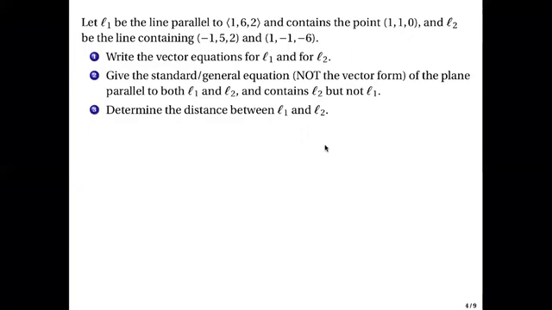Okay, so for the first one, that's the easiest. We know L1, so we're looking at L1. L1 is parallel to the vector v1, and vector v1 is ⟨1, 6, 2⟩.